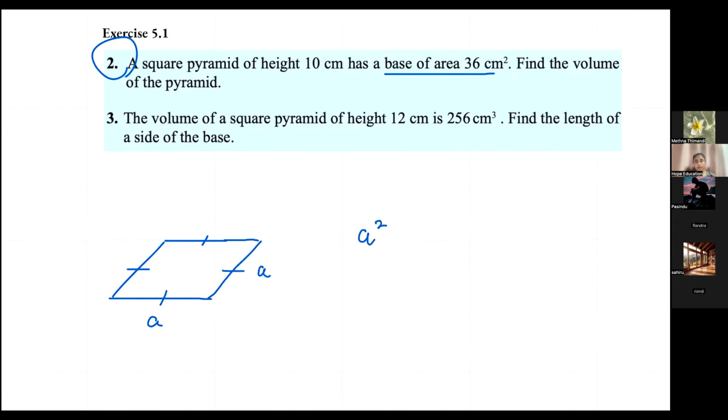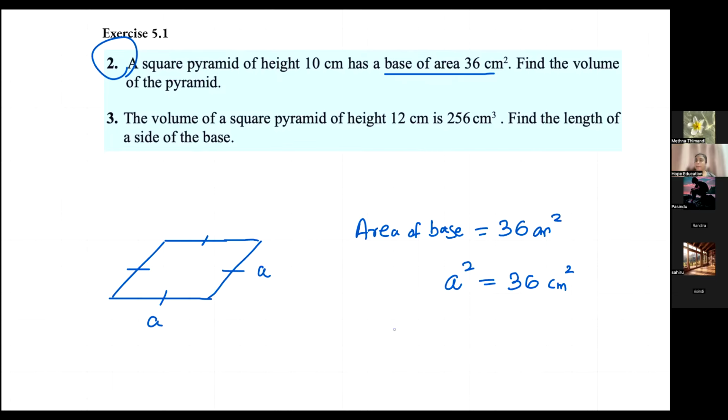The area of the base is 36 square centimeters. Area of base is a times a, that is a squared, right? So a squared is 36 square centimeters. So we can directly say a is 6 centimeters.